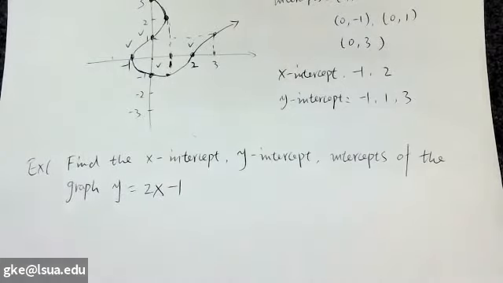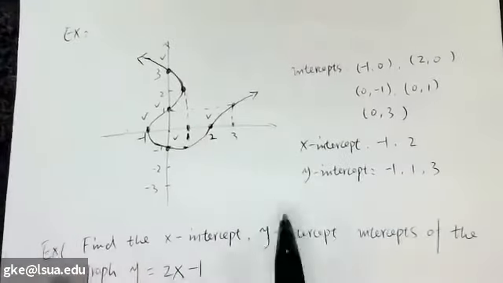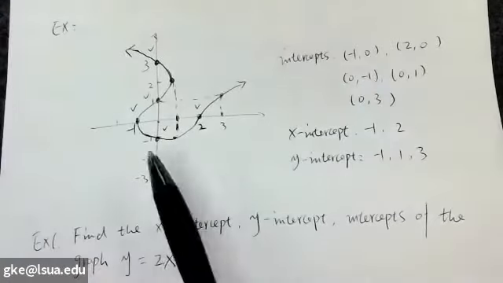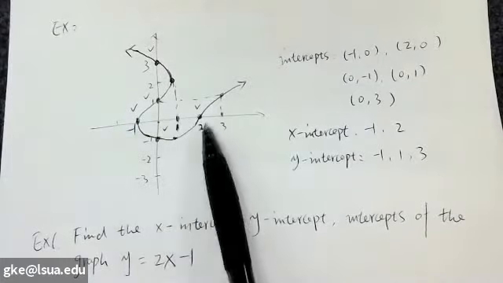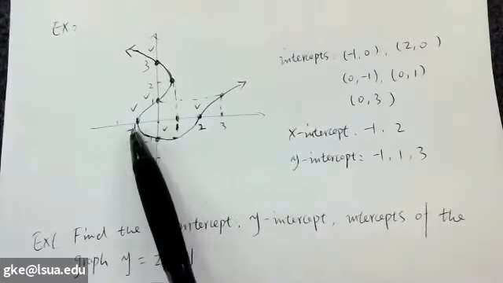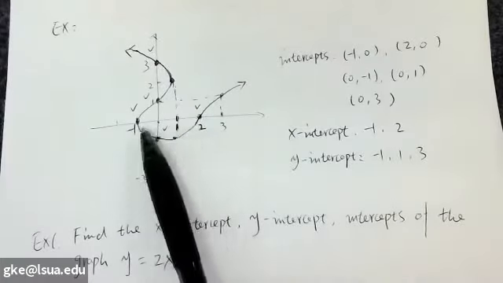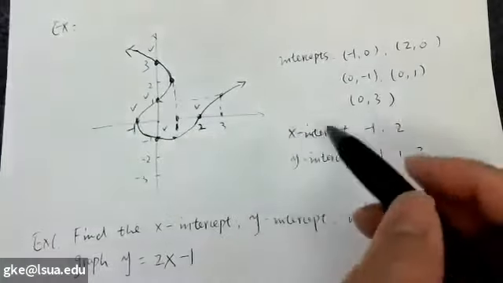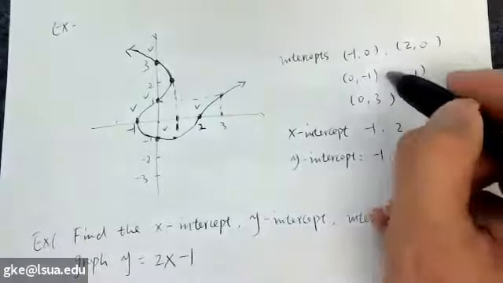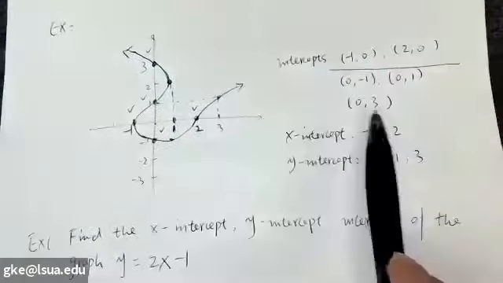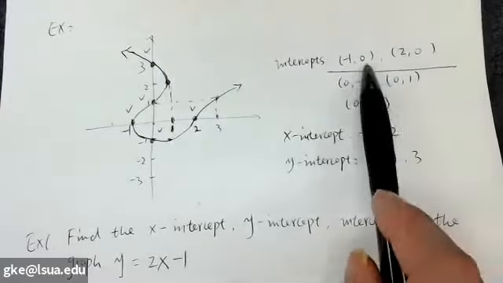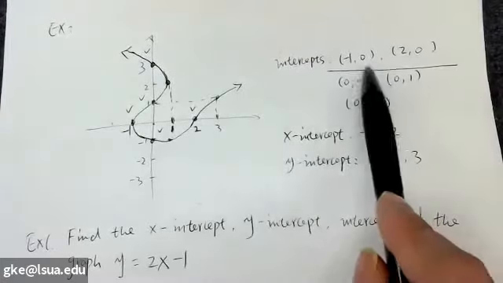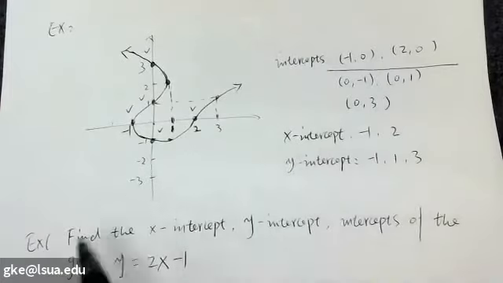For example, for the x-intercept, what kind of property do they have? For the x-intercept, we have 2 points, right? These are 2 points on the x-axis. So what kind of properties do they have?